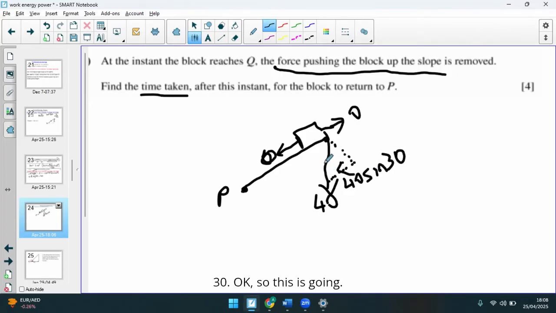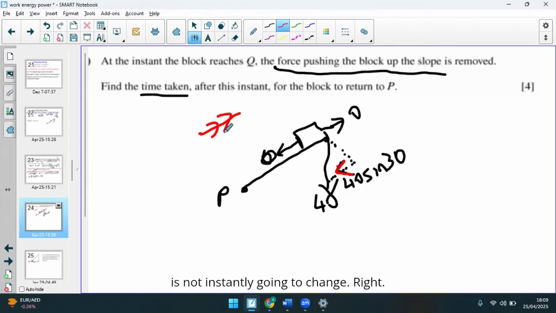So this is going this way. Yep. So this is the component of the weight going parallel to the slope. So that's 40 sine 30. Now the block, what was the direction of the block? The block was moving this way, right? From P to Q.